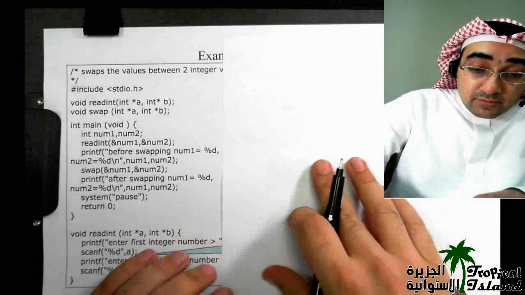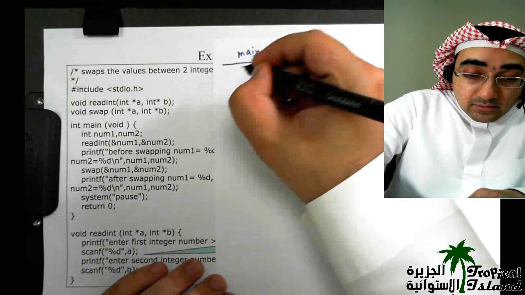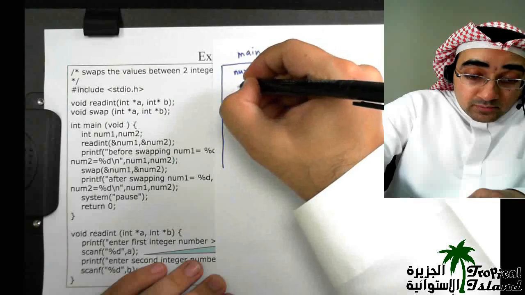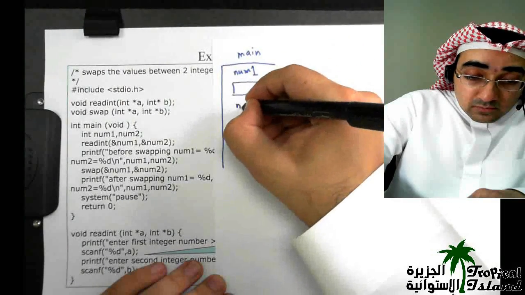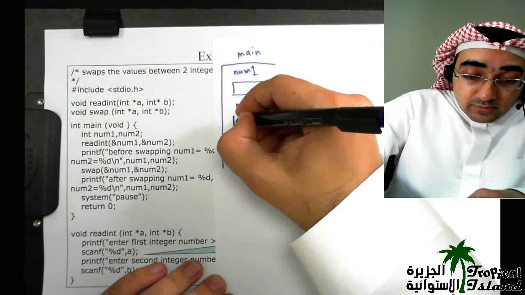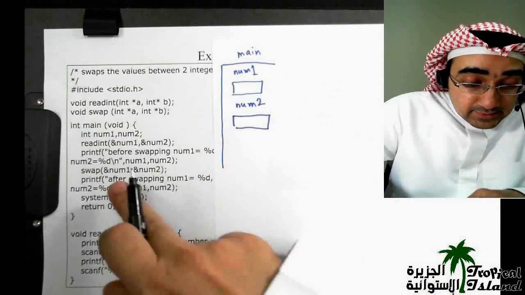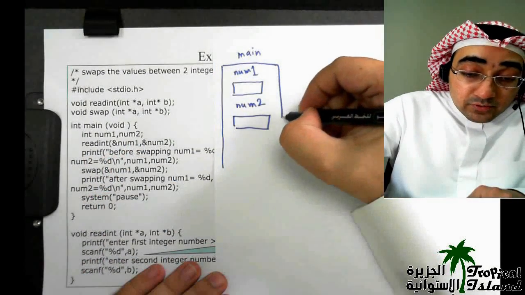So we have the main. And inside the main we have num1 as a variable, and we have num2 as another variable. Then we say readInt with the address of num1 and the address of num2.